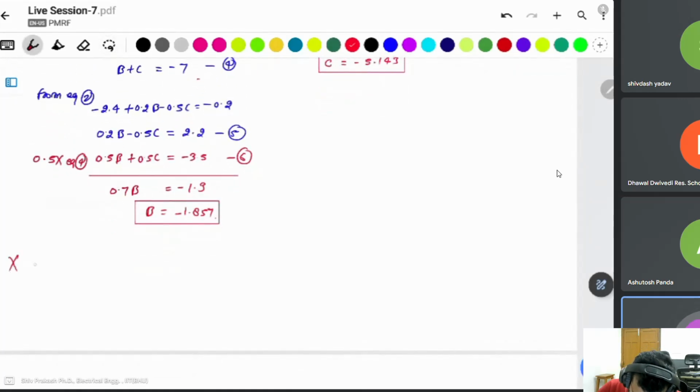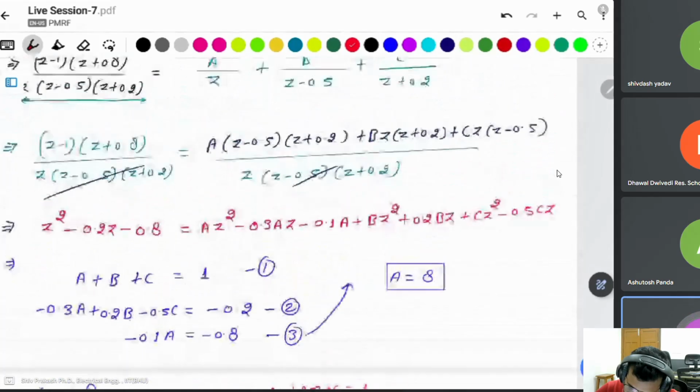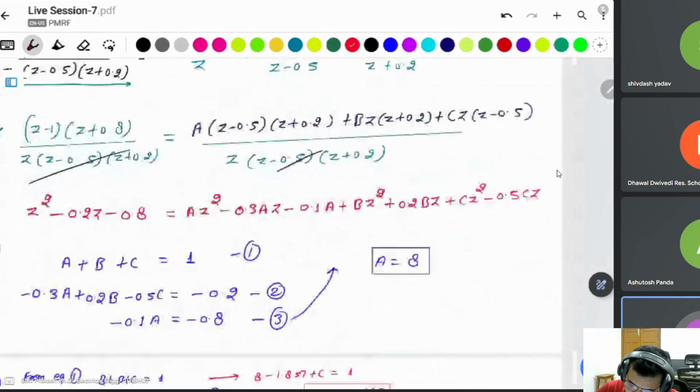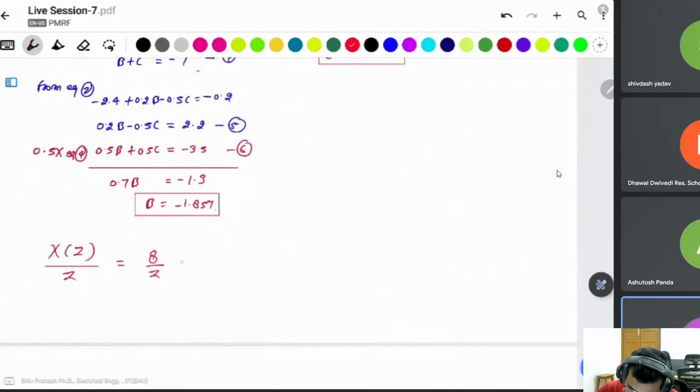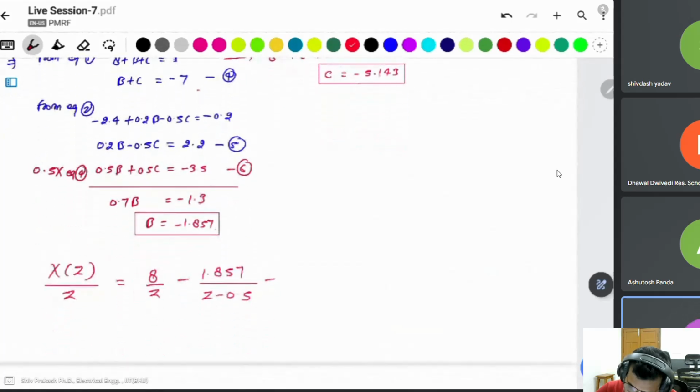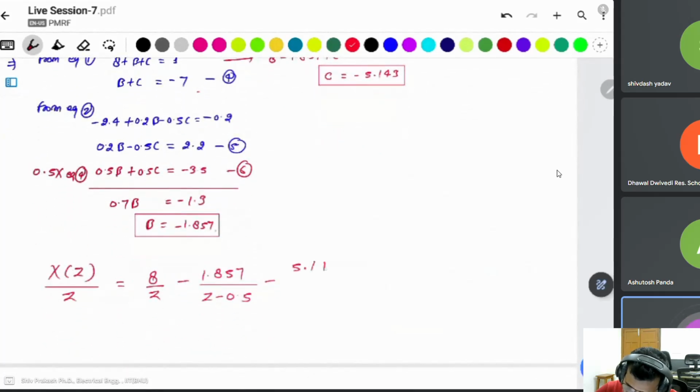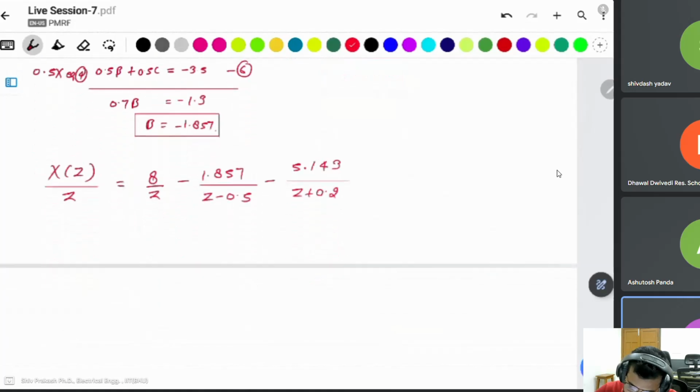So X(z) by z is equal to A by z, where A is 8 by z, plus B by (z minus 0.5), where B is minus 1.857 divided by (z minus 0.5), plus C, which is minus 5.143, divided by (z plus 0.2).